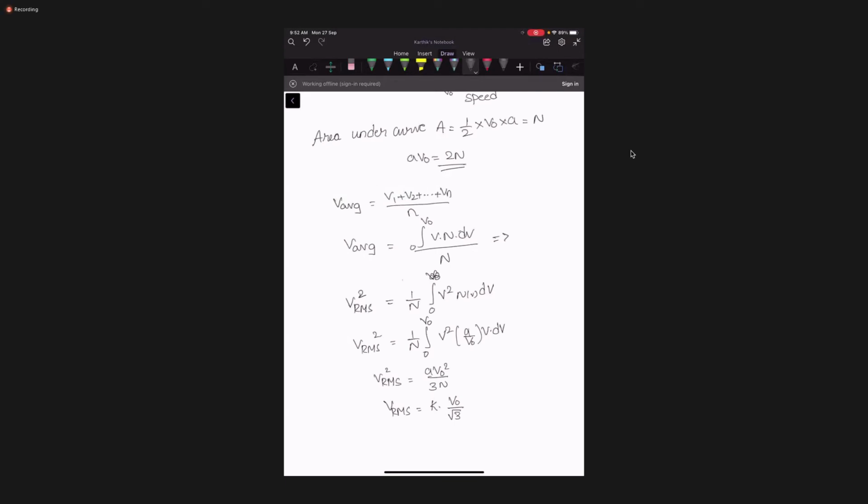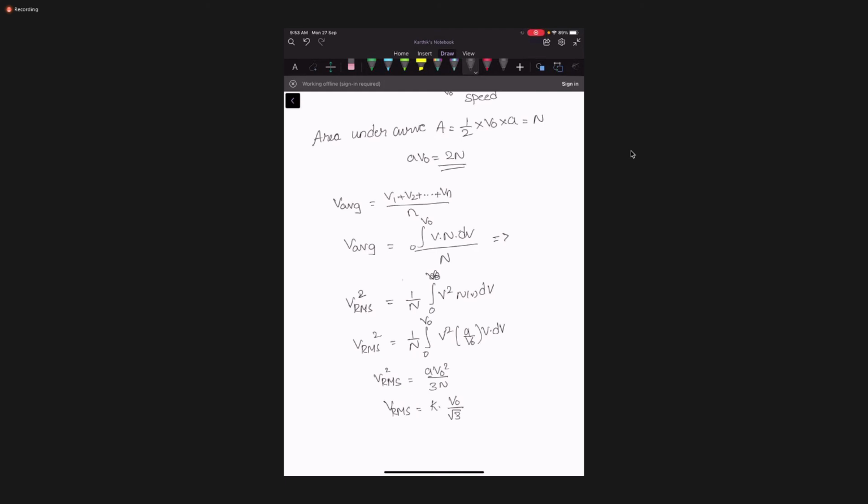Number of collisions of molecules of a gas on the wall of a container per meter square will, option A, increase if temperature and volume both are doubled. They're asking if we increase the volume and temperature, will the collisions increase, correct? No, it will not, because when you increase the temperature, the number of collisions of course increases, but the volume does not have anything to do with collision.